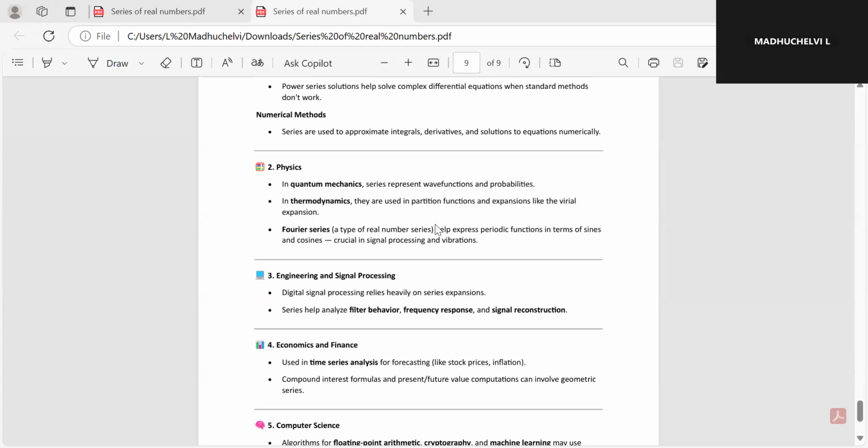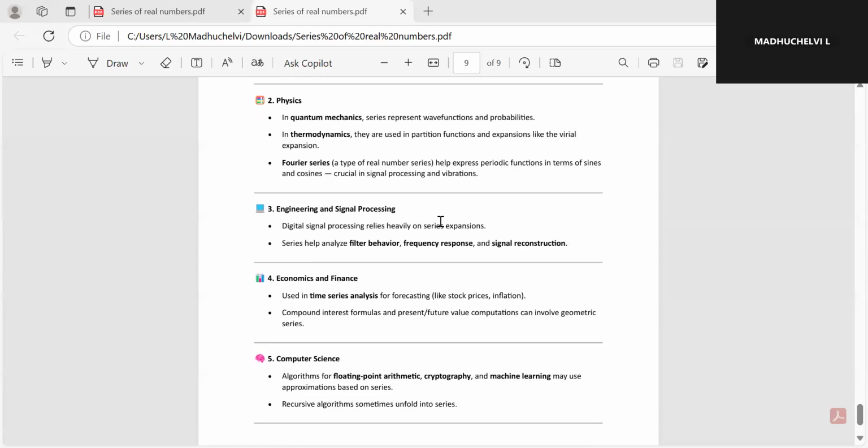Second, physics. In quantum mechanics, series represent wave functions and probabilities. In thermodynamics, they are used in partition functions and expansions like the virial expansion.